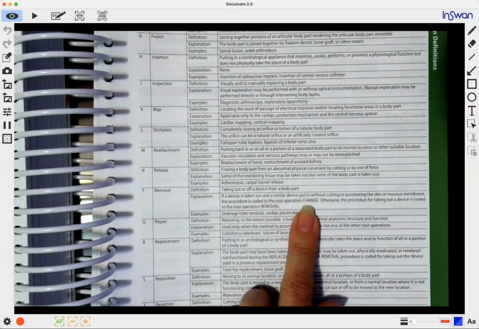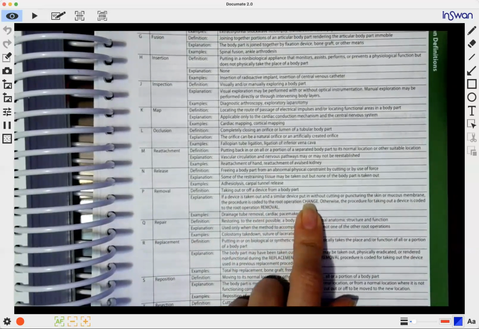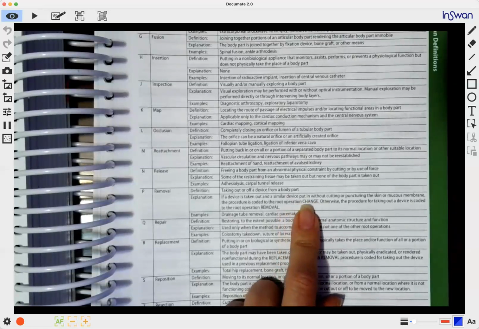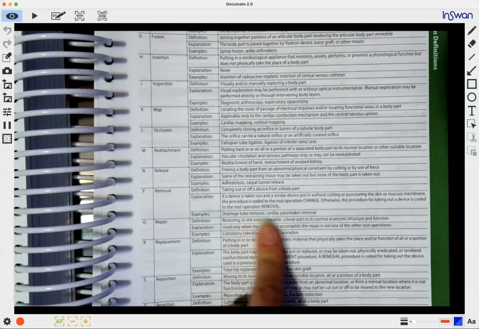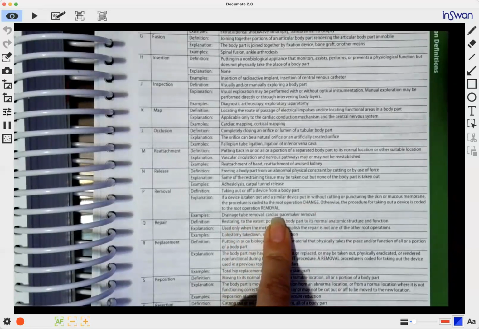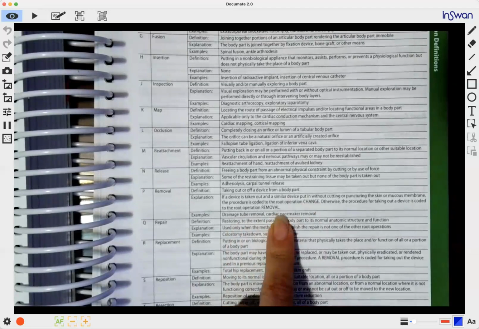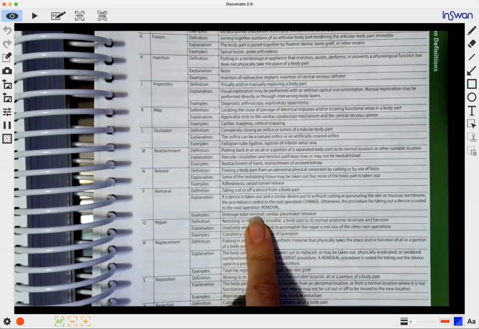Remember we covered change already. So change is when you swap them out. Removal is when you're completely taking it out and you are not replacing it. So a drainage tube removal, removal of a cardiac pacemaker. So it has to involve a device that is being removed from a body part. No replacement, you're just taking it out.